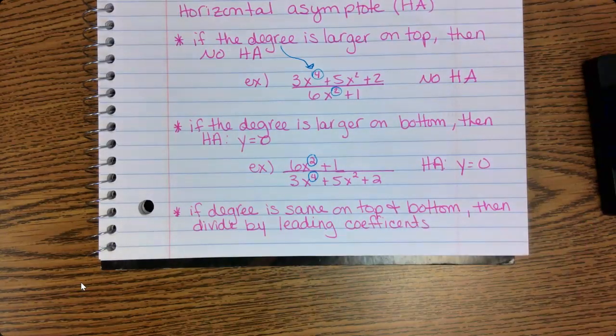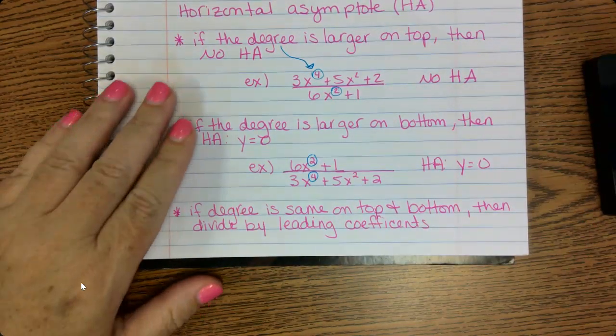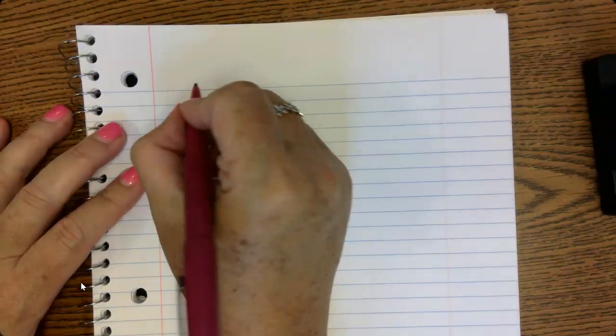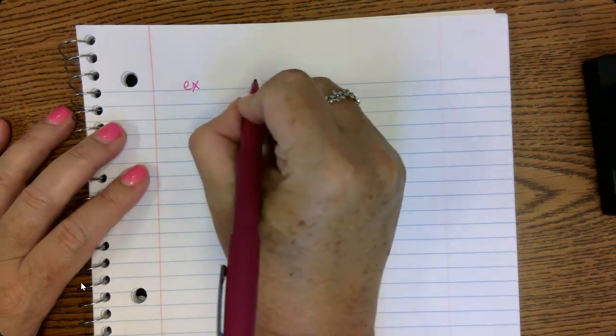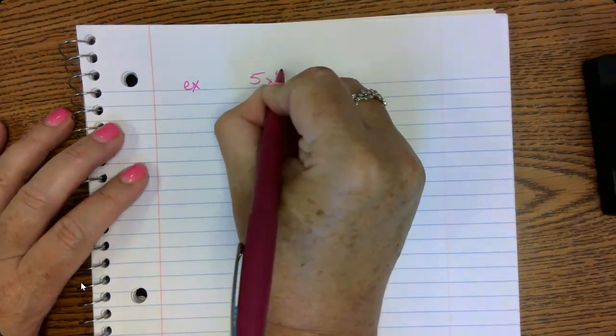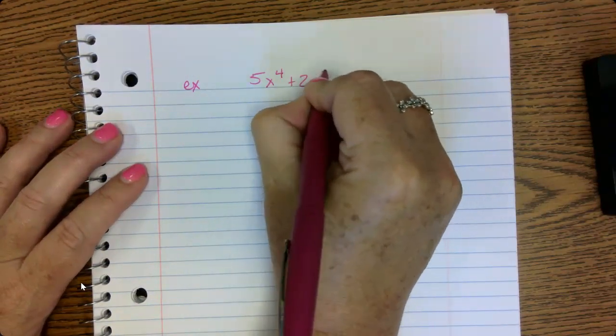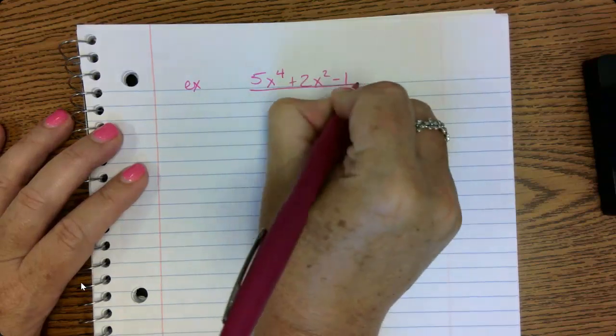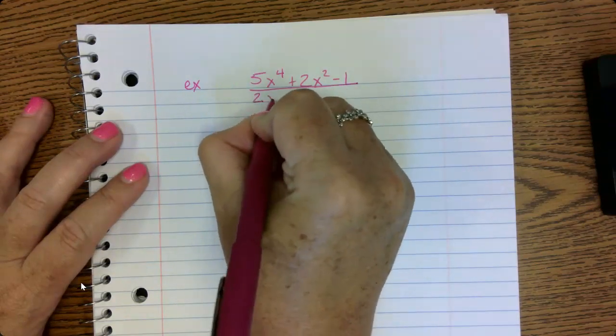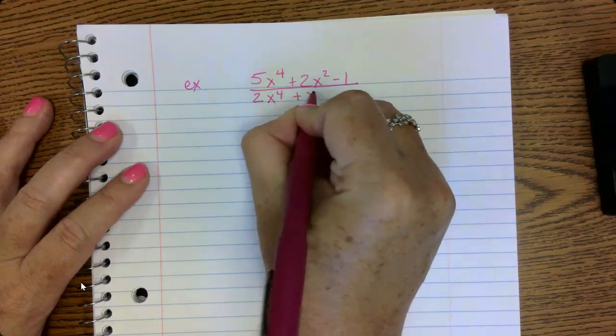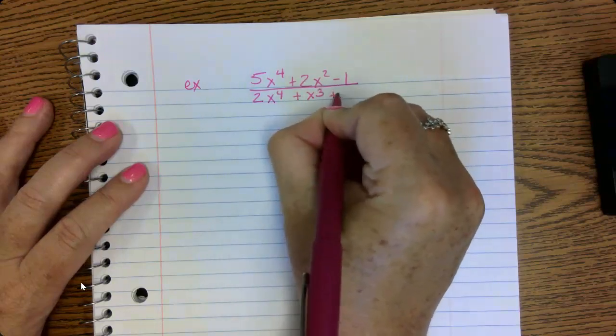Okay, and I'll give an example of that. Let me just turn my page. Okay, so let's do, I don't know, 5x to the 4th plus 2x squared minus 1 over 2x to the 4th plus x cubed plus 5.